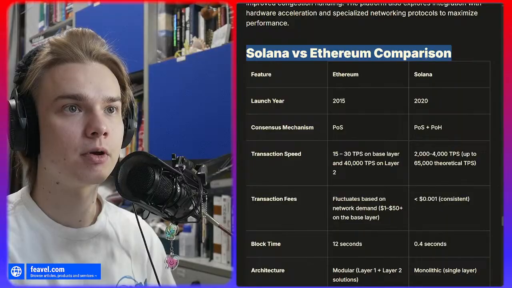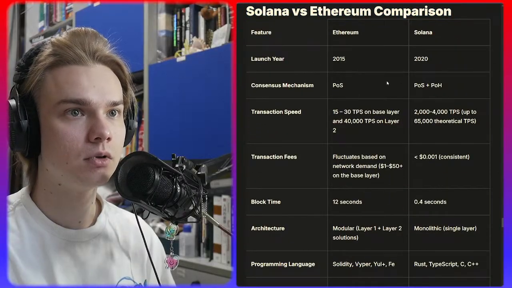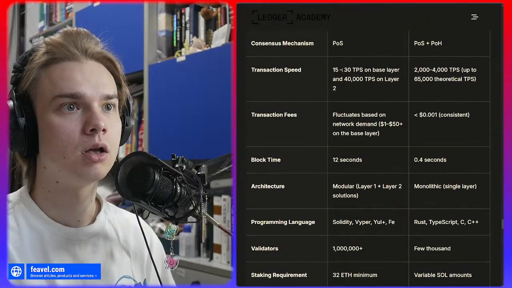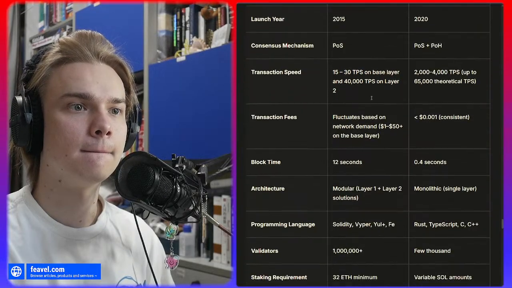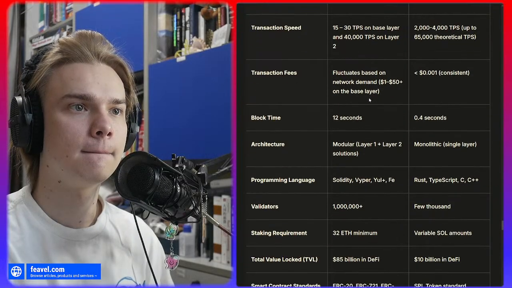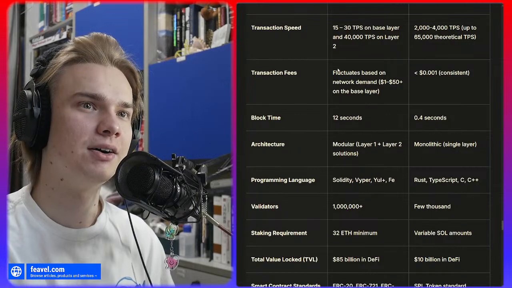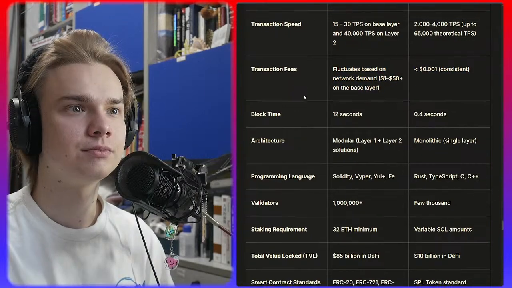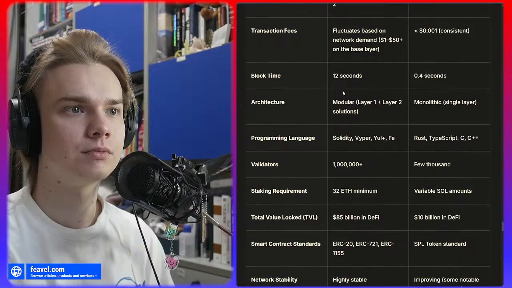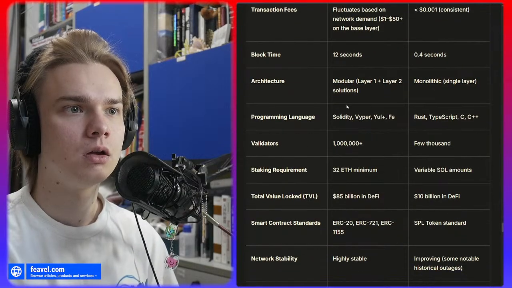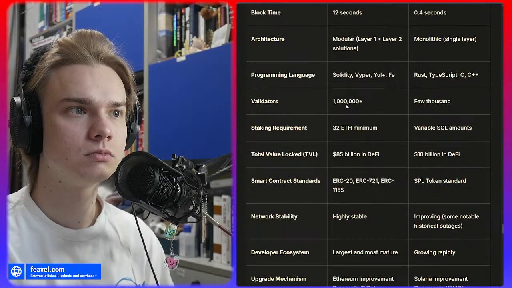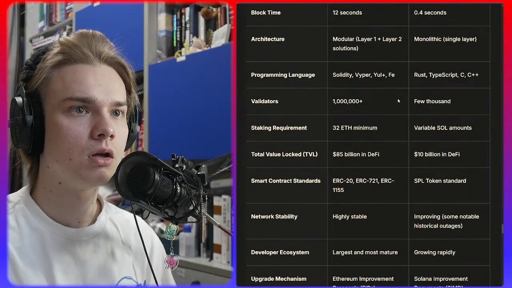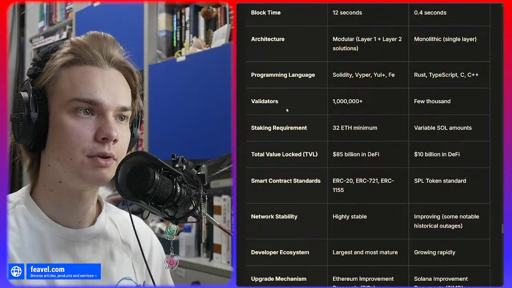Solana versus Ethereum comparison. Wow. Okay. So basically Solana doesn't have that many verifiers.